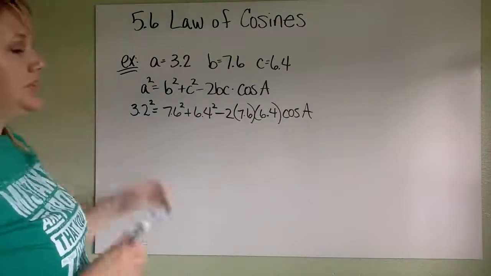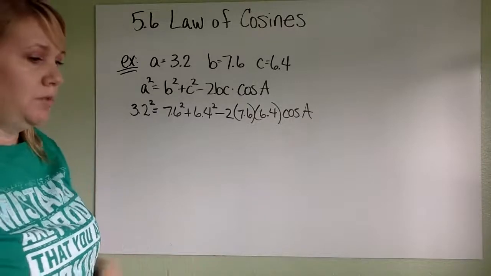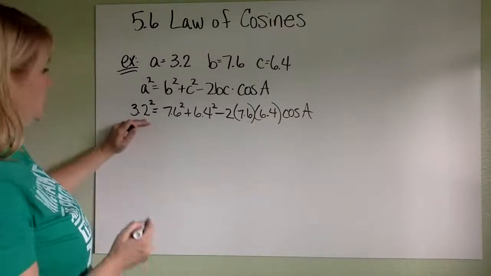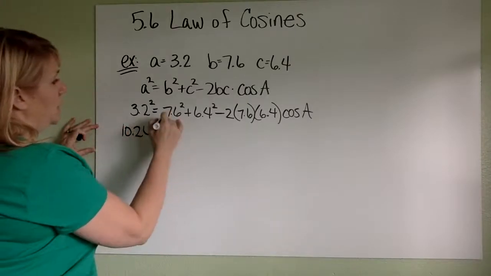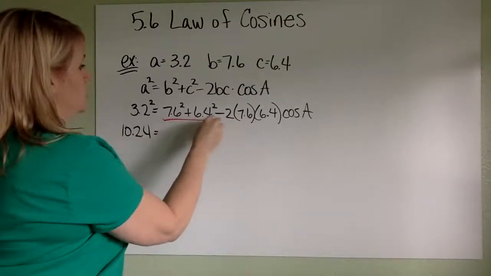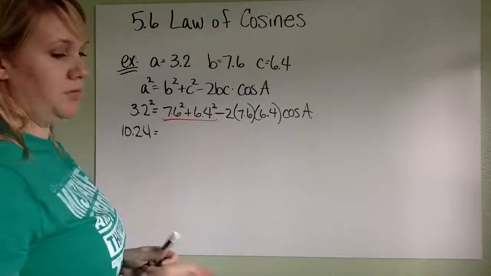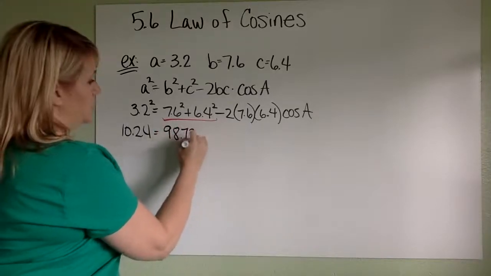So now this is a situation where there's lots of room for error, and you need to be super careful. So what I would do is go ahead and calculate this. You get 10.24. Go ahead and calculate both of these two and add them together. So 7.6 squared plus 6.4 squared is 98.72.